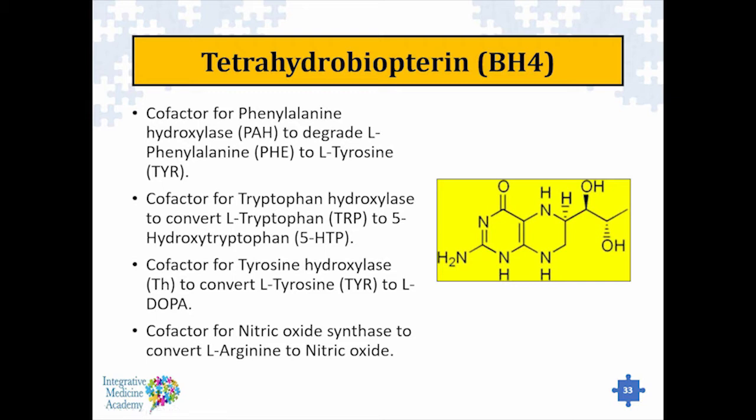Tetrahydrobiopterin, or BH4, is a cofactor for phenylalanine hydroxylase that converts our L-phenylalanine to L-tyrosine. I'll show you a different slide here coming up. It's a cofactor for tryptophan hydroxylase, that helps us convert L-tryptophan to 5-hydroxytryptophan. Tyrosine hydroxylase, for eventual production of L-dopa, and then again, it's also involved in nitric oxide production.